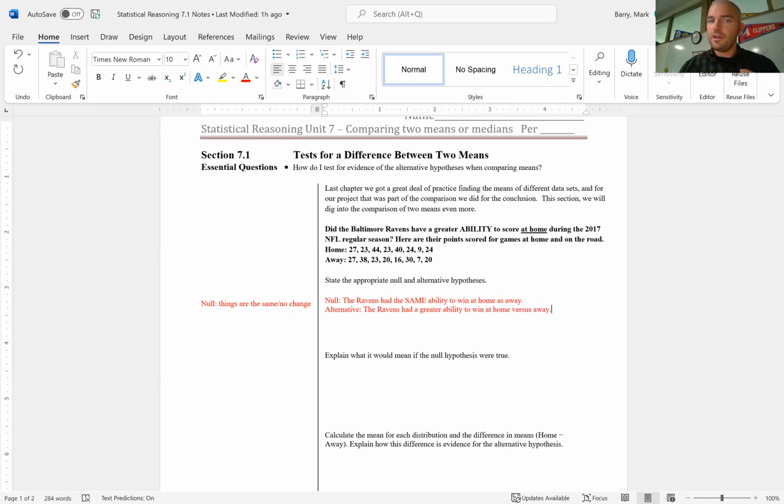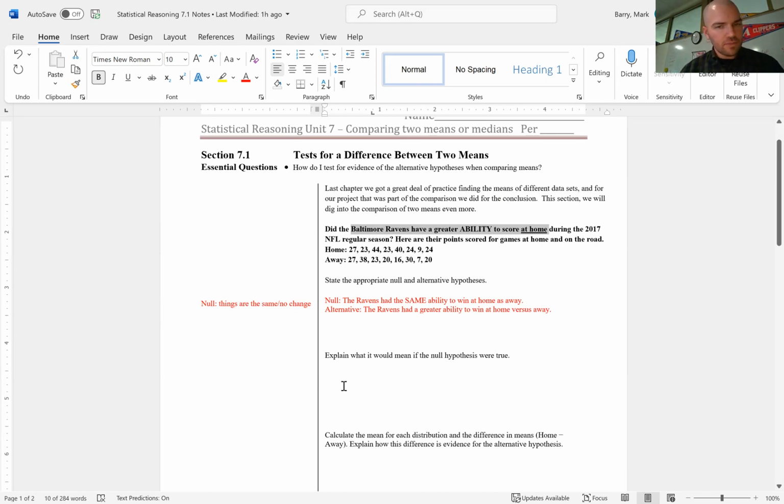So this one, I'm not saying that they're the same. I'm saying one is better. How do I know which one to say is better? Usually they're going to kind of tell you in the question here. So they said, the question is, did they have a greater ability to score at home? So that's what we're going to be trying to test here with the alternative hypothesis, okay?